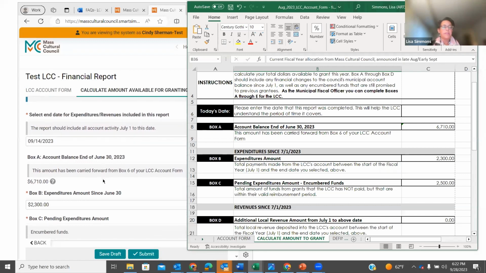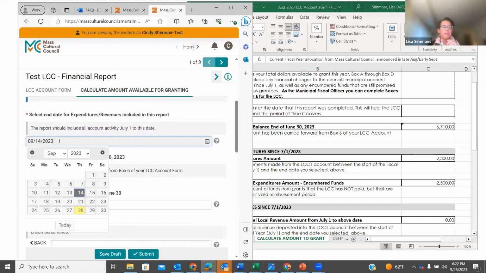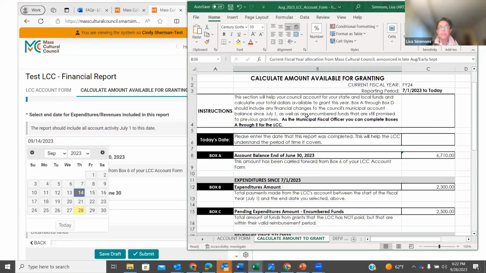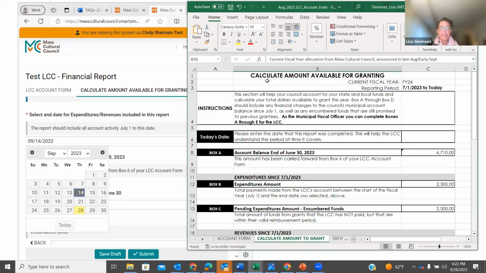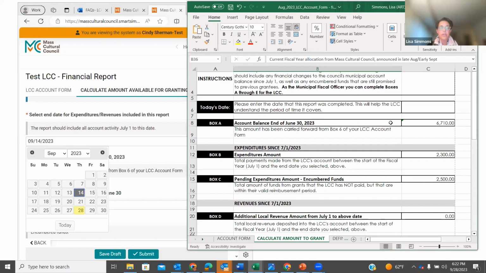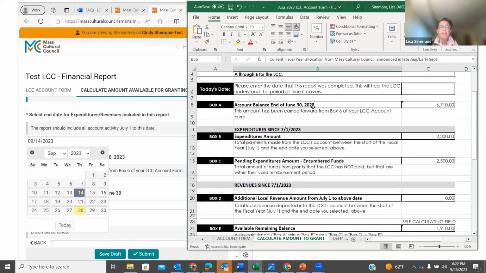So one of the things, this date here is important. So let me just scroll down. So now we're in the second tab that says calculate amount available for granting. You're getting this from your municipal fiscal officer, and the balance is going to carry over. So that will automatically be in there.